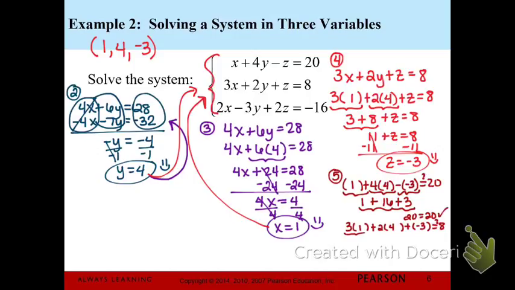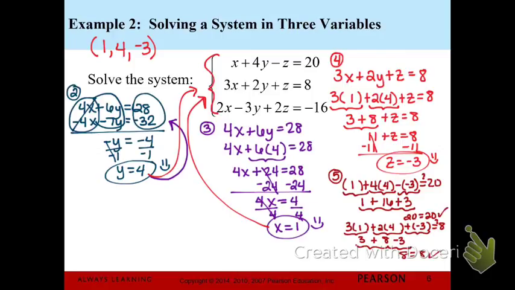What's 3 times 1? 3. 2 times 4, 8. And what's plus a negative 3? Minus a 3. And what is 3 plus 8? 11. Minus 3, 8. So that works.